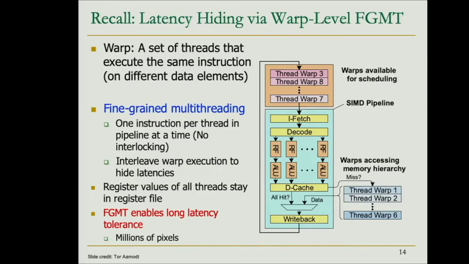If we miss there, we will have to go to the L2. And if we also miss there, we will have to go to the global memory. The DRAM is essentially called global memory in GPUs. And then finally the write back, where we write the output to the register file.